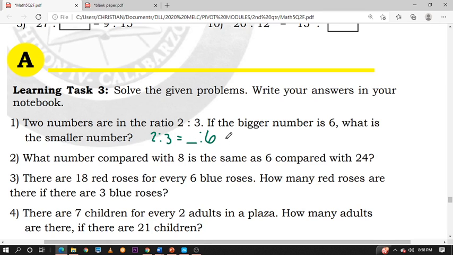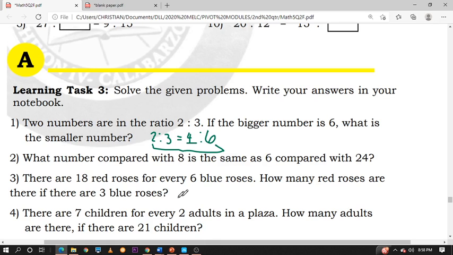So, ano nga ulit ang gagawin natin para makuha natin yung missing term? Multiply natin kung alin ang kompleto. Ang kompleto ay yung extremes. So, 6 times 2 is 12. Then, divide natin siya sa nag-iisang means. So, 12 divided by 3 is 4. Okay, so ang ating ratio is 4 is to 6. So, yun ang magiging answer natin dyan.